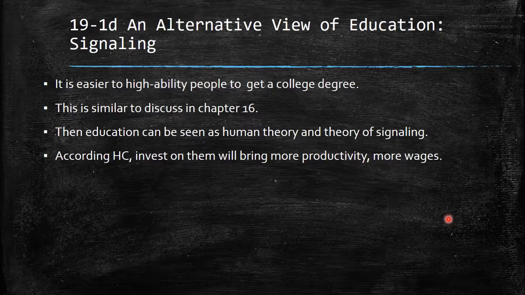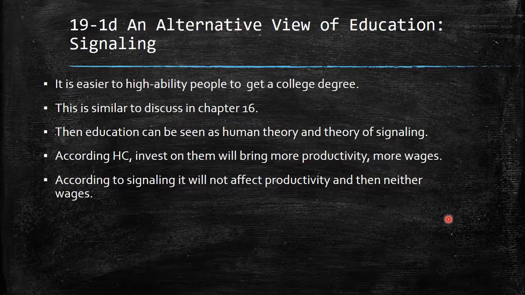Then, according to human capital, investing in them will bring more productivity and more wages. So there are two views. One, signaling: I can identify with a diploma people who have high ability. Or, because education really will bring more productivity, then wages will be higher. According to signaling, it will not affect productivity, and then neither wages.